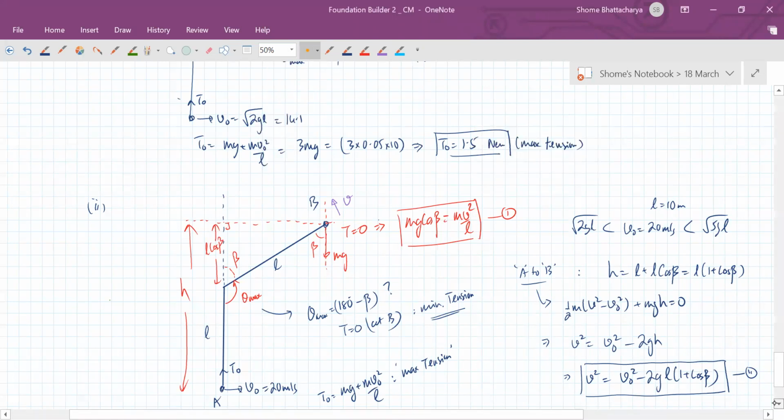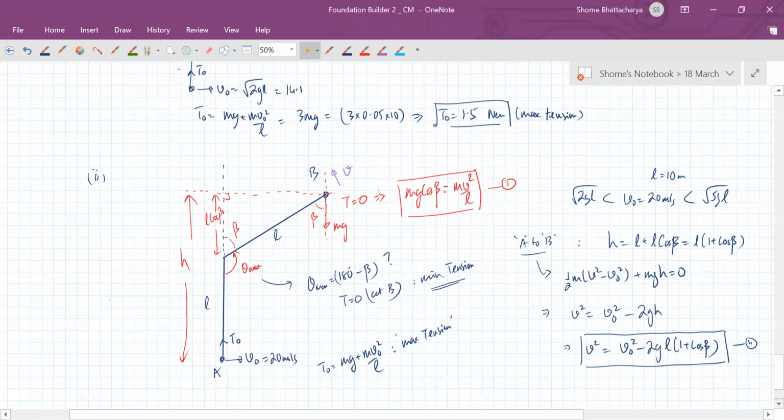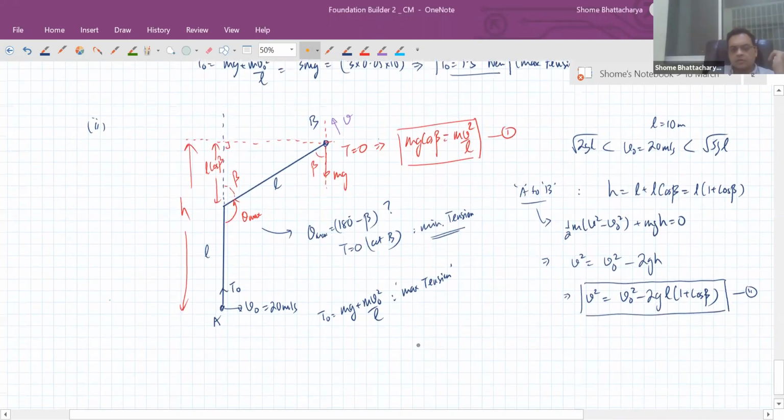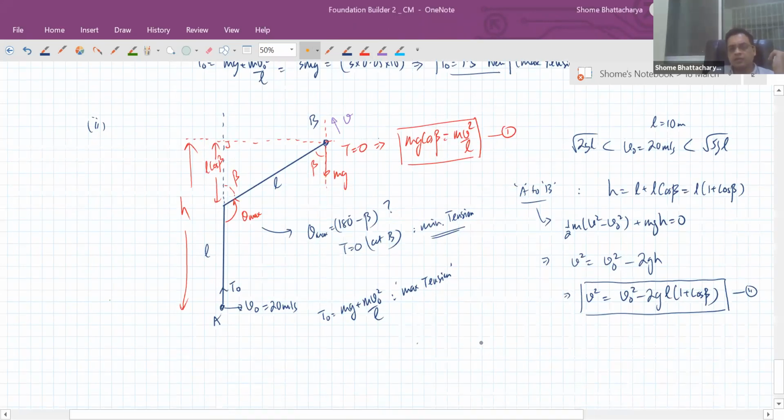Okay, so let me verify that value. So from equation 1, you can see your v square is gL cos beta, and from equation 2, your v square is v naught square minus 2gL into 1 plus cos beta. So eliminate this.